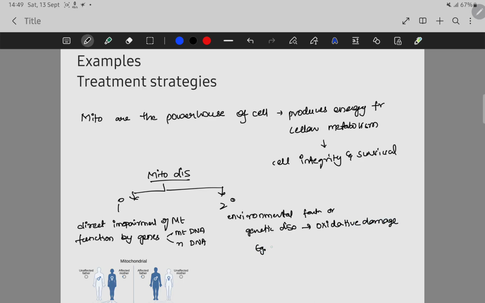Examples of the secondary are diabetic retinopathy, ARMD, and glaucoma. So these are the classification of primary and secondary mitochondrial disorders.